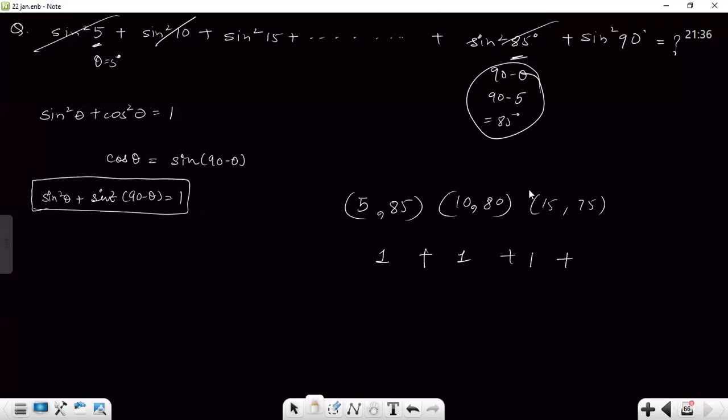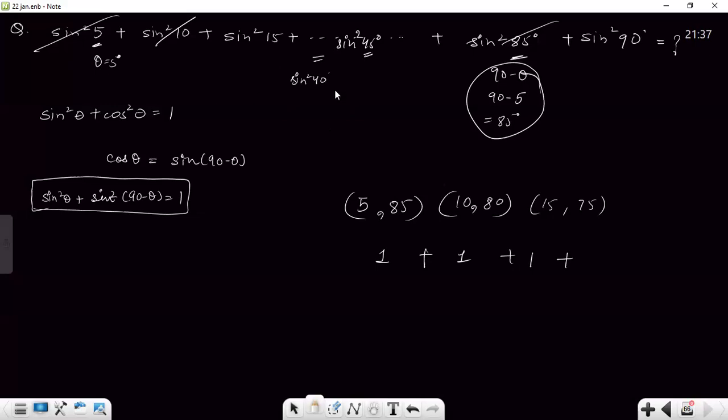Similarly, we'll have pairs, and the middle point will be 45. 45 will not pair with any other because 45 plus 45 is 90 and there is only a single term having the angle 45. Before 45, the term will be sine square of 40, which will get paired.